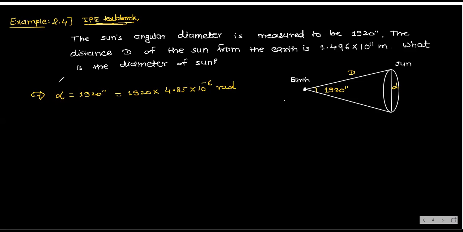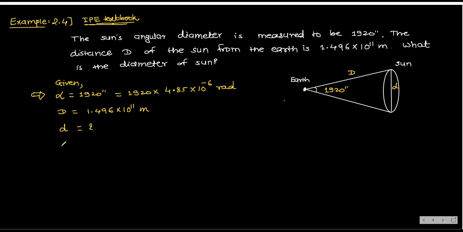Again, capital D is given, the distance, 1.496 into 10 to the power 11 meter. And we have to find small d.